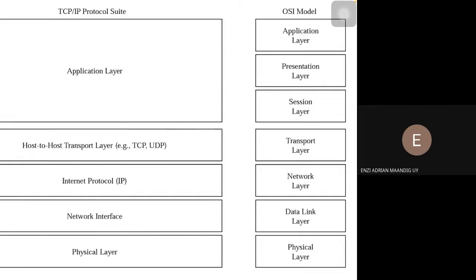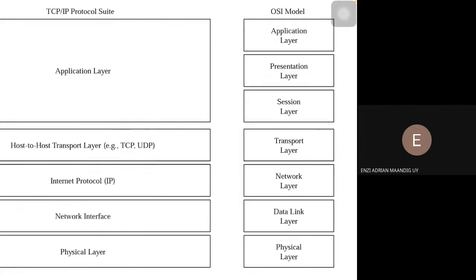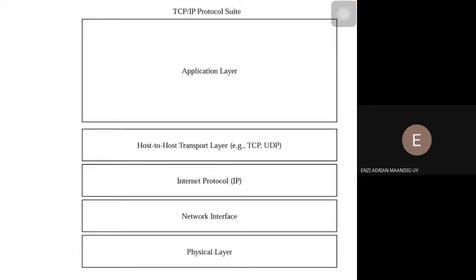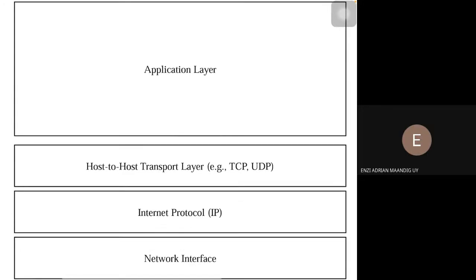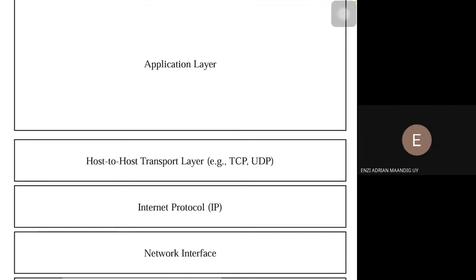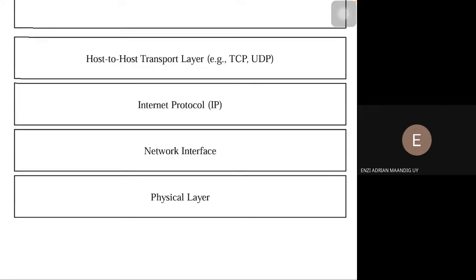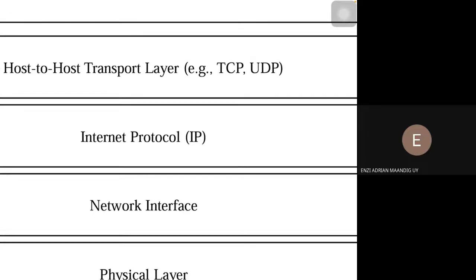In the OSI model, the application to the session layers are taken care of by the application layer only of the TCP/IP. Most surely, that is the software we interact with, like Messenger, Microsoft Word, or a browser like Mozilla. Then we have the host-to-host transport layer, which provides the TCP header or UDP.